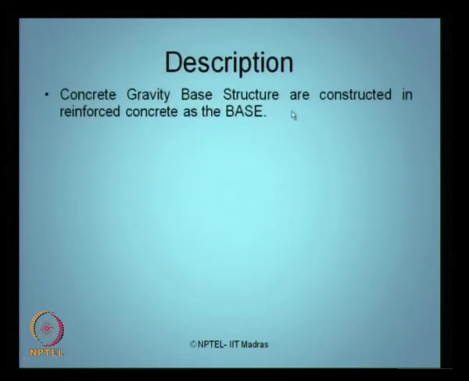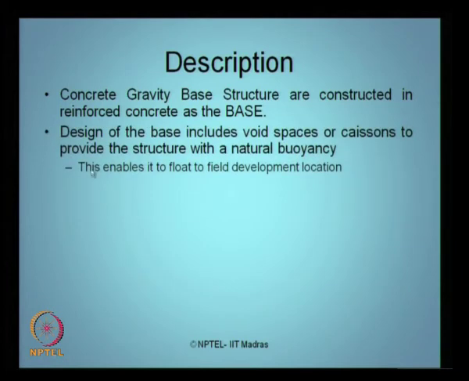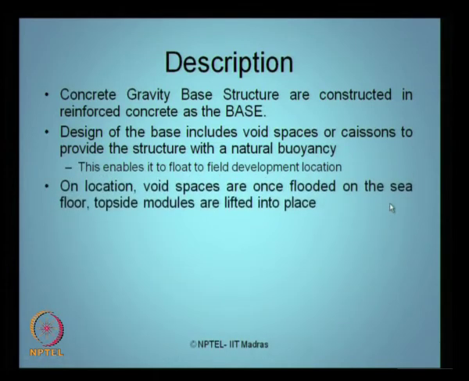Concrete gravity based structures are constructed with the base as a reinforced concrete structural system. The design of the base includes a lot of void spaces, which we call caissons. They are provided for the structure to initiate natural buoyancy. This enables the structure to float to the field development location during installation.